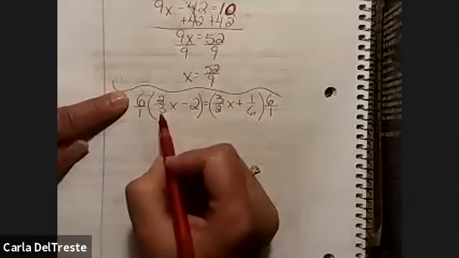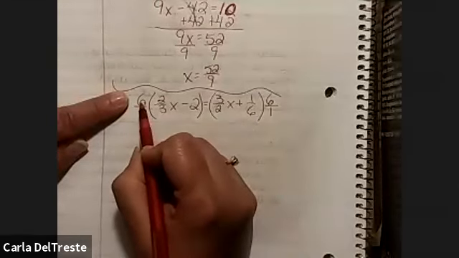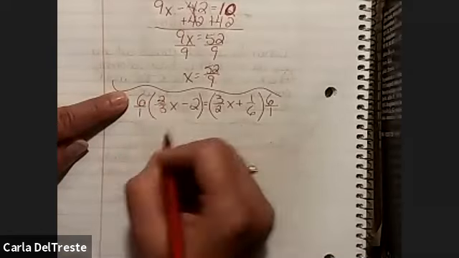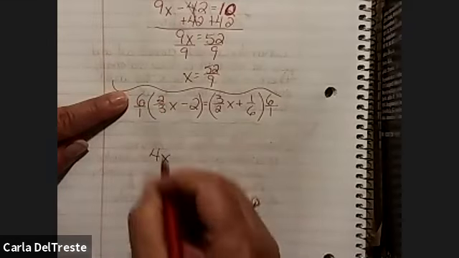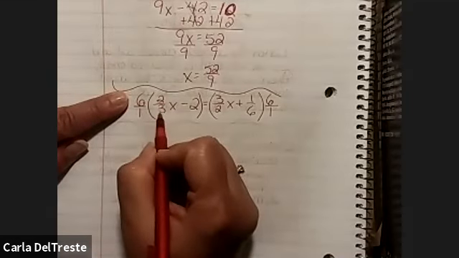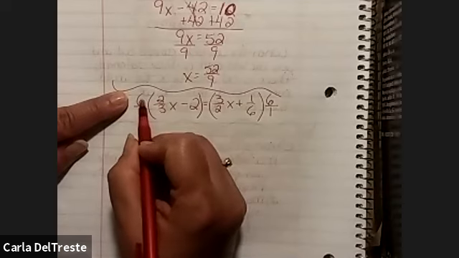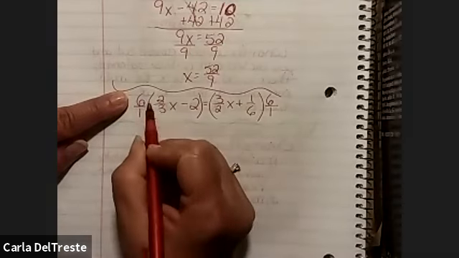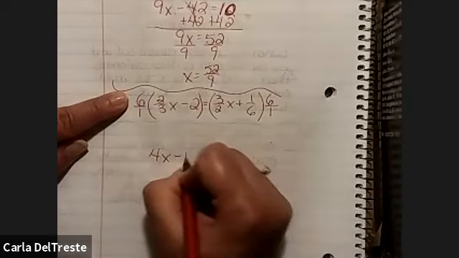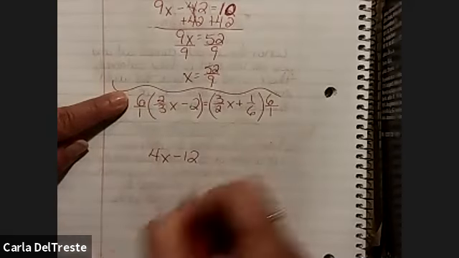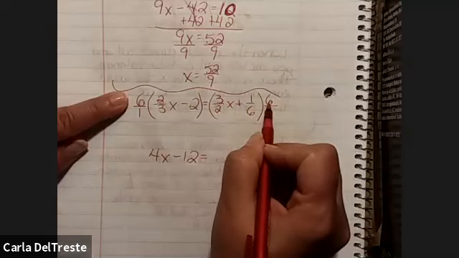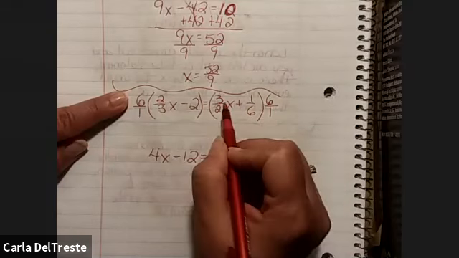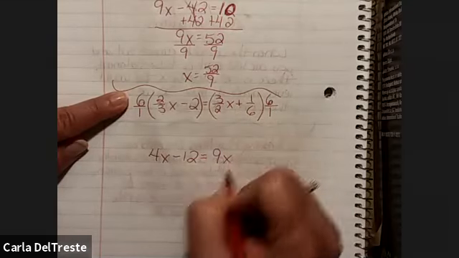3 goes into 6 2 times, and 2 times 2 is 4. So I'm doing the division first, the canceling first. 6 times negative 2 is negative 12, equals 2 goes into 6 3 times, and 3 times 3 is 9.